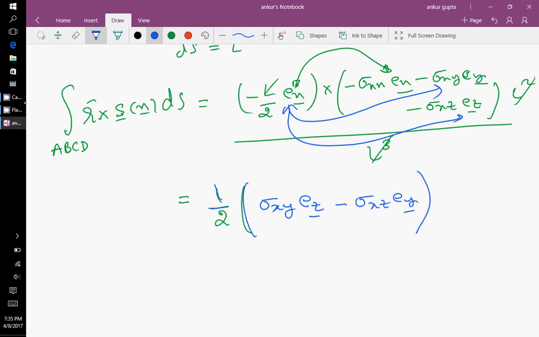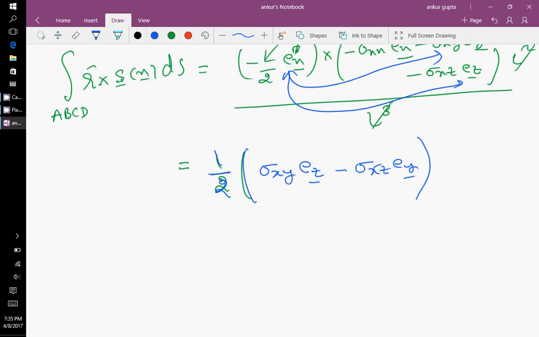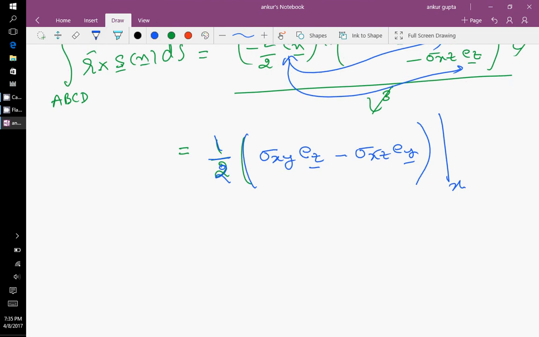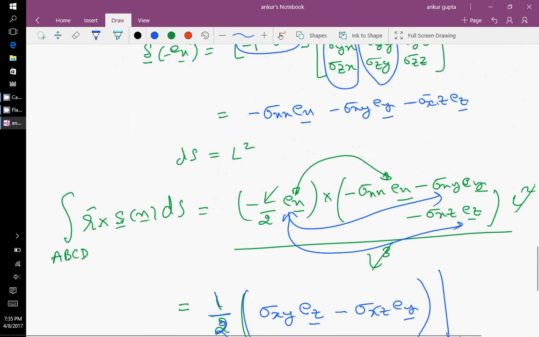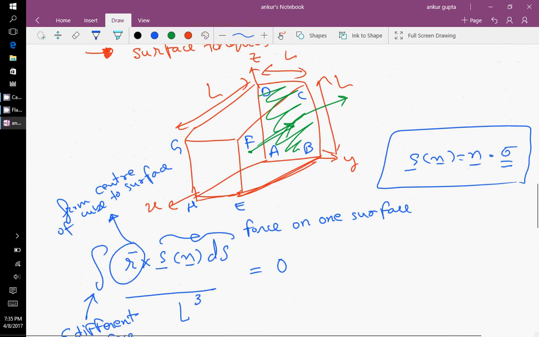Please make sure and check that you are also getting the same expression when you do the cross product. So now we have something, and this is evaluated at x because we are keeping x constant, right? So this is for the surface ABCD.